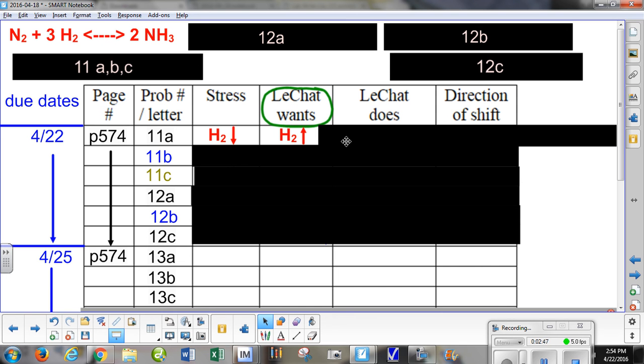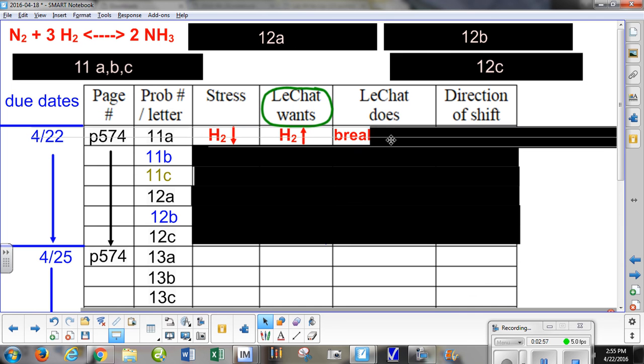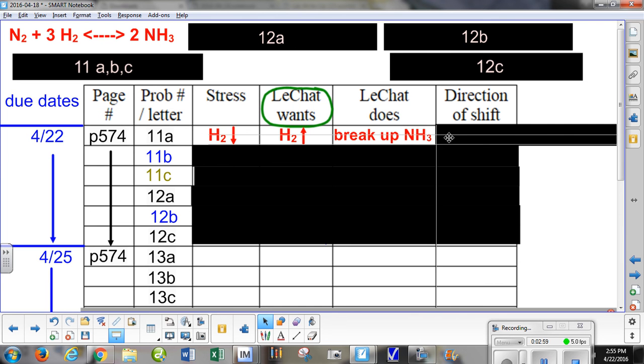What is he going to do? Is he going to take the ammonia apart, or is he going to make ammonia? He wants more hydrogen. Okay, so he has to break up the ammonia. And the only way that he can do that is shifting to where? To the left. Just like the dance. To the left, to the left.